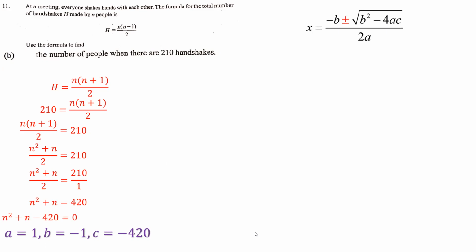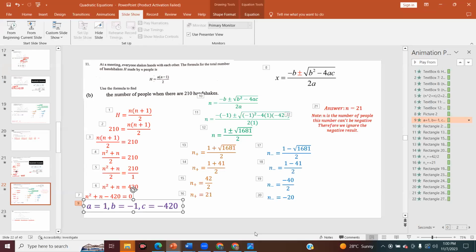This is supposed to be negative, this is also supposed to be negative because remember it's a negative 1, and this is negative, what we did on the last slide. So that means that A is 1, B is negative 1, and C is negative 420.